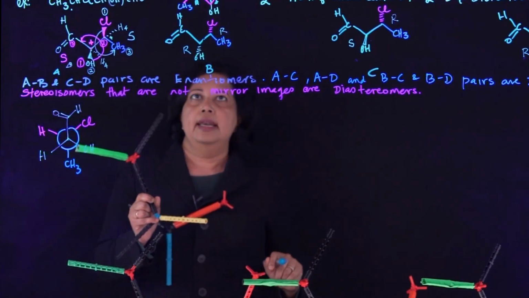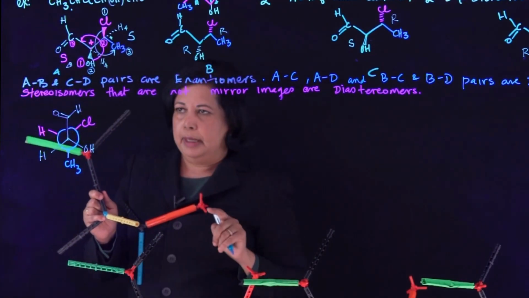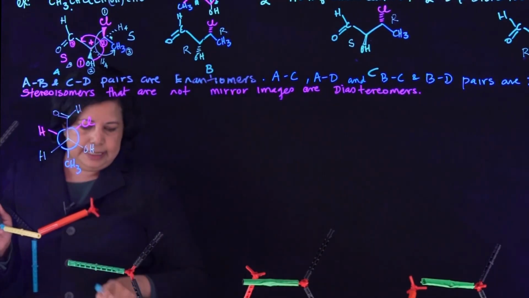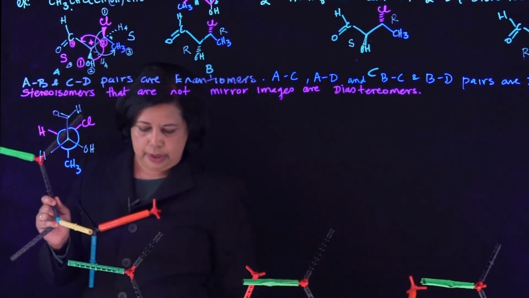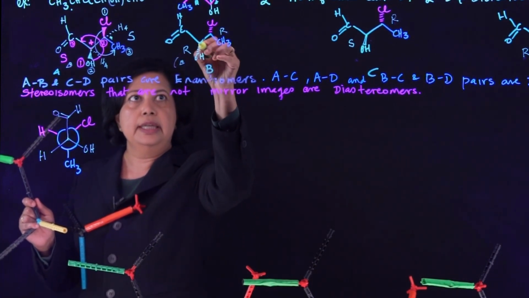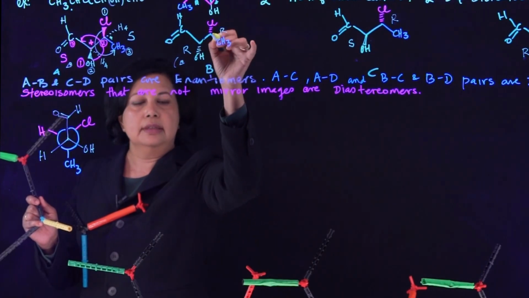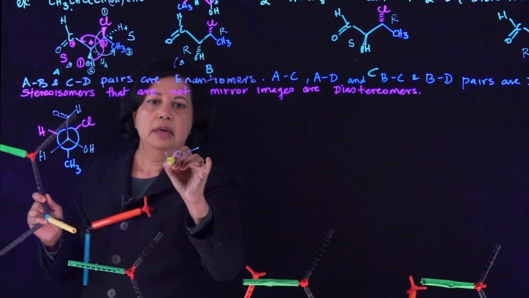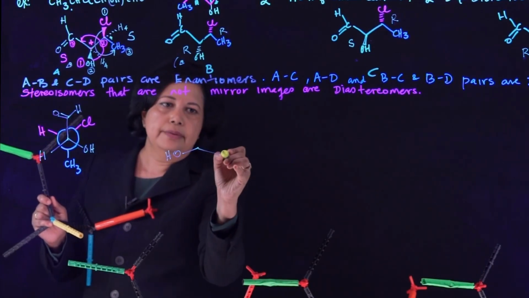All right. Now this is a mirror image of that, which means these two are going to be on the opposite side. So let's draw that out. For the front carbon here, again looking at it like this, you're going to hit that dot, and that's your circle. So for the dot carbon, you would have your hydroxyl on the opposite side of this.